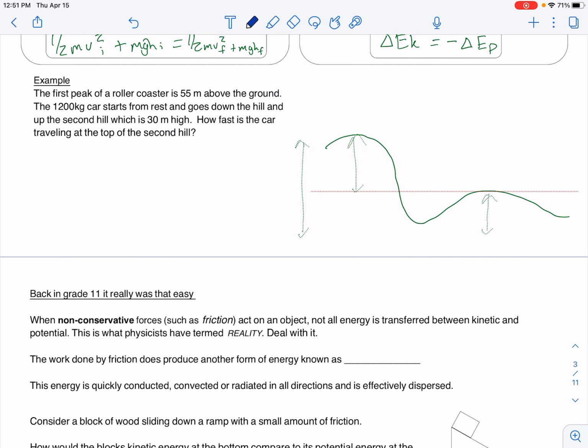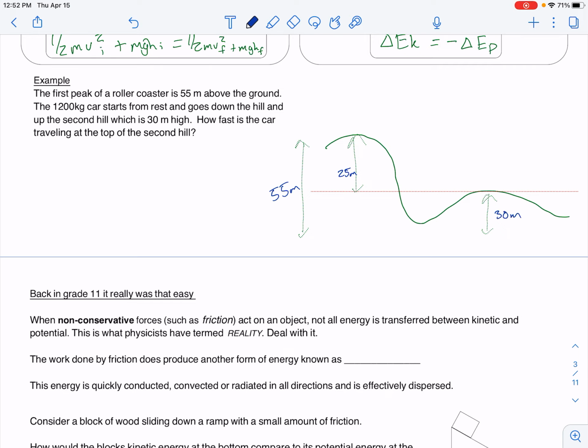All right. So we have a roller coaster. The total height of it is 55 meters. It's kind of broken up into two little hills here.